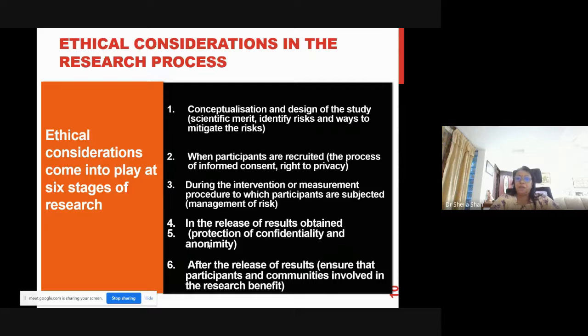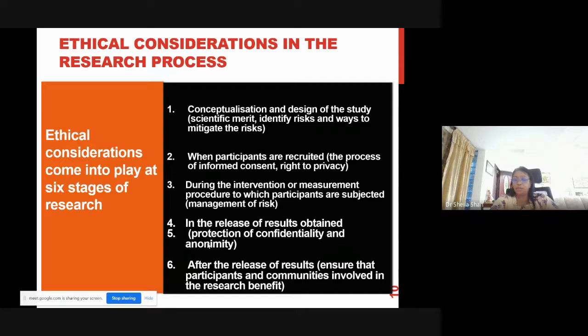When you recruit participants, you must also consider the ethics. They have their privacy. So if the participant says, no, I don't want to take part in your research, I'm not interested, you cannot force them. You also cannot take advantage of the underprivileged or the challenged group.